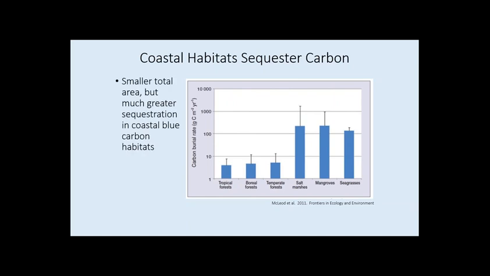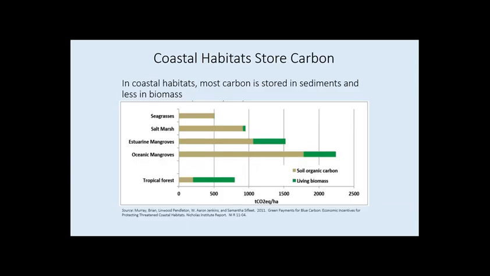And so what this means is that even though these coastal ecosystems really are just that fringe margin around many of our continents, so they're a much smaller total area, because of these greater sequestration rates, they actually represent an approximately equivalent annual sink to those forested ecosystems.